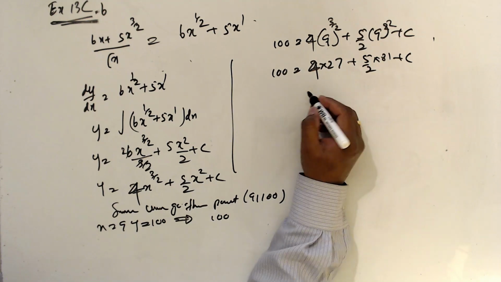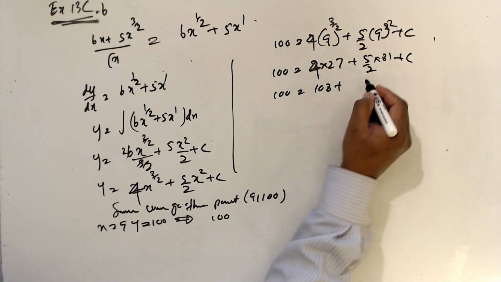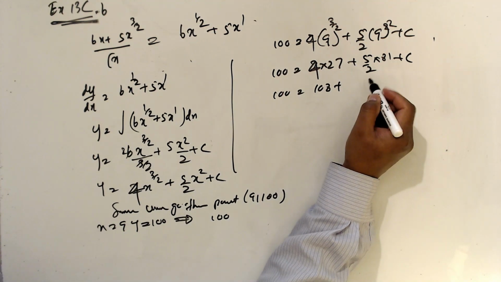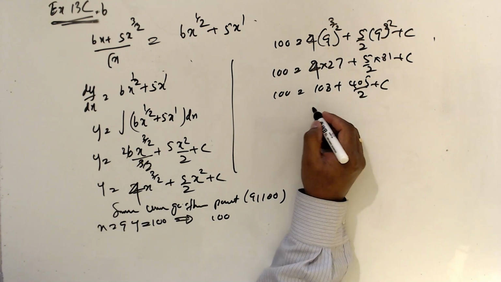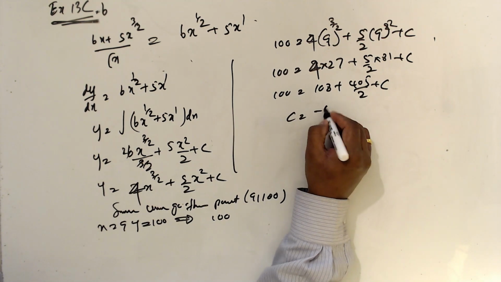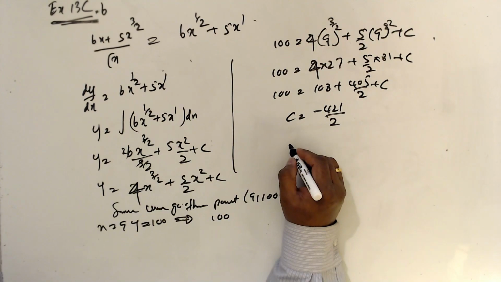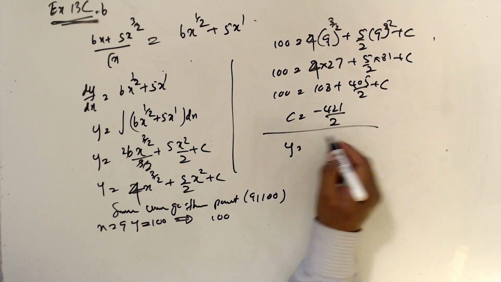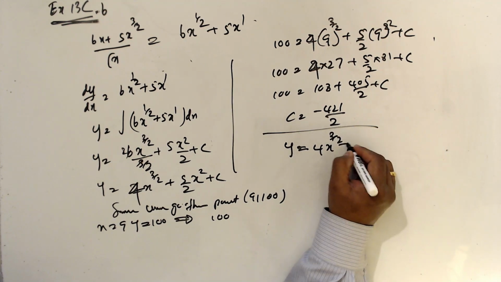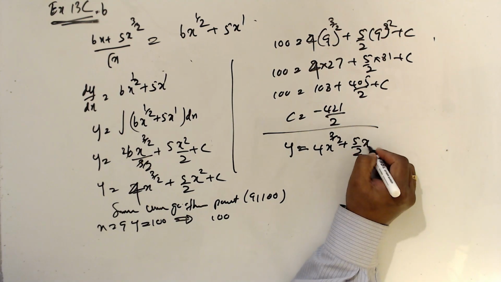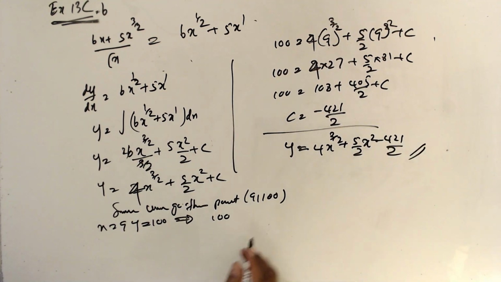So then 100, 108 plus 5 over 2 times 81 plus c. So c equals minus 421 over 2. So the curve is y equals 4x to the 3 over 2 plus 5 over 2 x square minus 421 over 2.